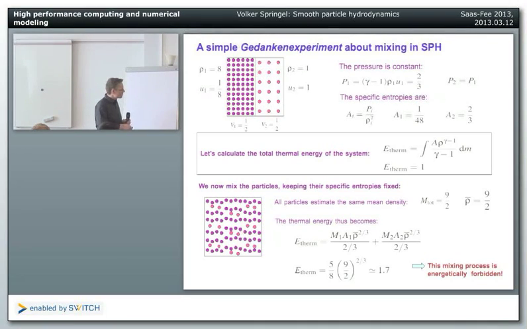If they did a lot of thermal conduction so that the temperatures are equilibrated, that would keep the thermal energy constant. Then the entropies will be equilibrated, and you'll find that a final state is possible where the density is 9/2, the energy is 1, and everybody has the same specific entropy, but the total entropy is then actually larger than it used to be before. And this additional entropy is the mixing entropy that is not included in the normal equations in SPH.